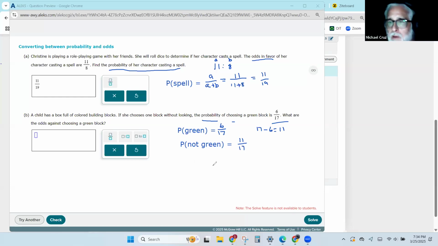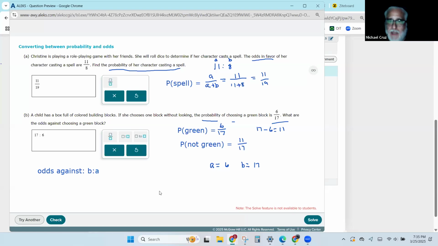All right, so A is 6, B is 17. All right, so odds against, B to A. So our B is 17 and A is 6.